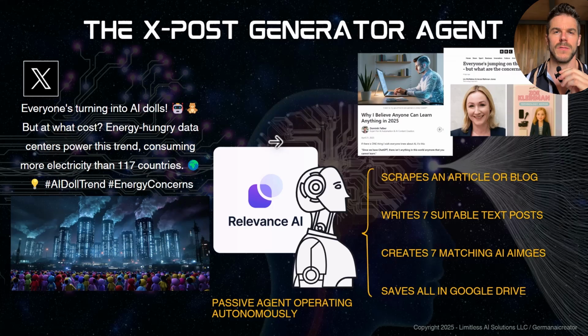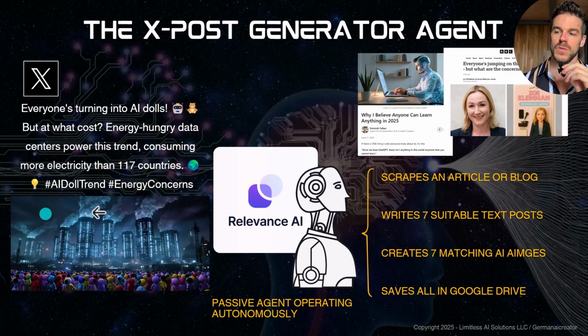That means we don't have to do anything. The agent will just work completely on its own, and it can scrape any article or blog post on the internet, also LinkedIn posts. It will write 7 suitable text posts, it will create 7 matching AI images, and it will save everything in Google Drive so that we easily can access the data and post it on X.